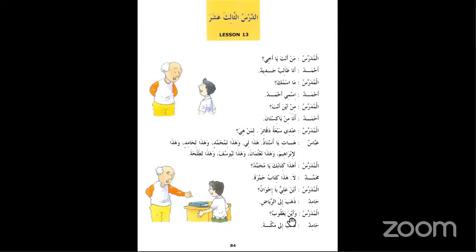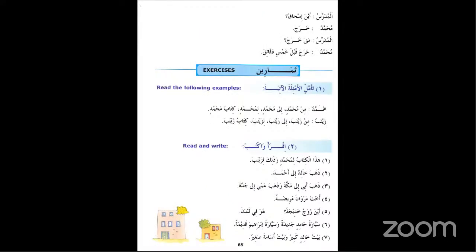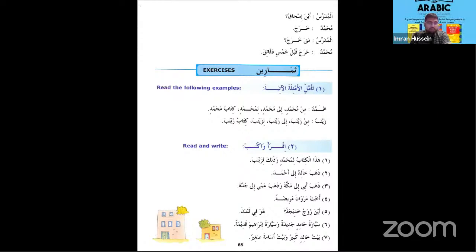And where is Yaqub? He went to Mecca. Where is Ishaq? He left. When did he leave? He left 5 minutes ago. Correct.